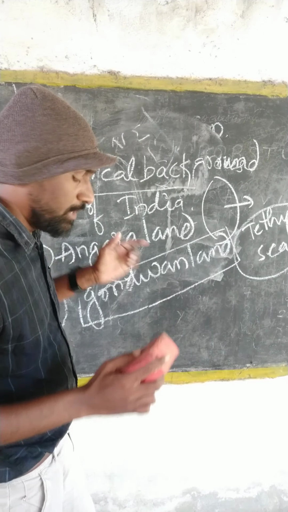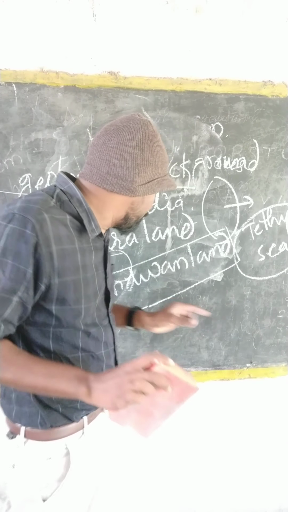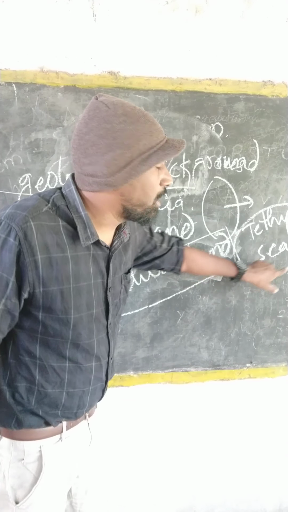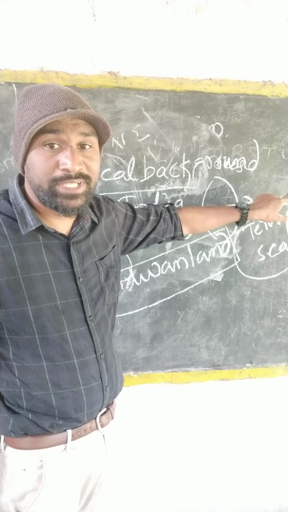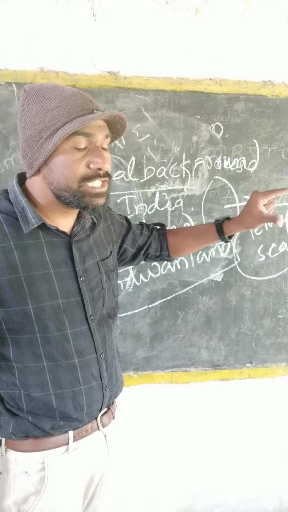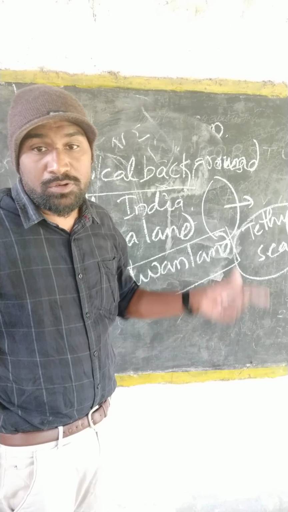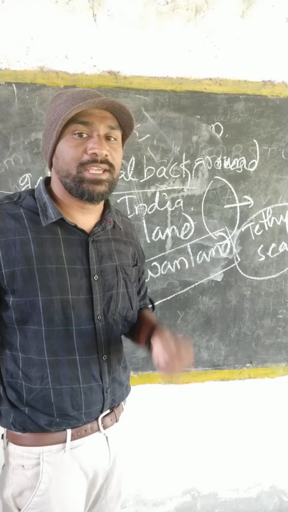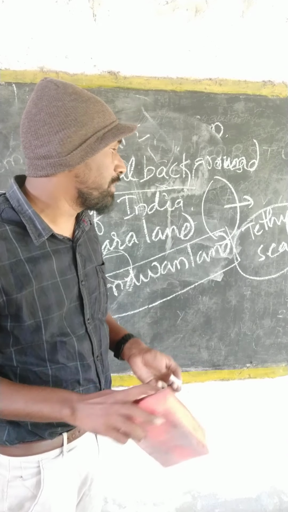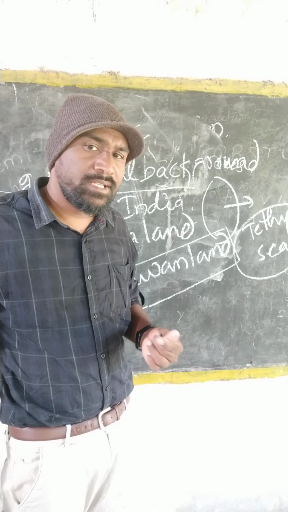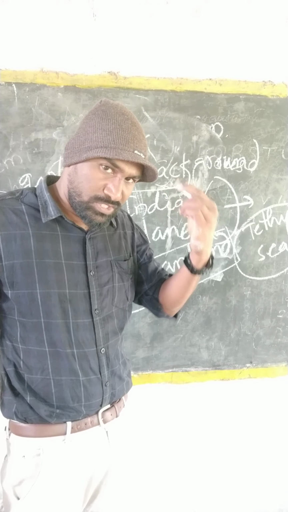Due to the compressing of these two plates, the Tethys Sea transformed into mountains. Those mountains we call ice mountains. The ice mountains are named the Himalayas. What? Himalayas. Himalayas means the total matter about the snow.